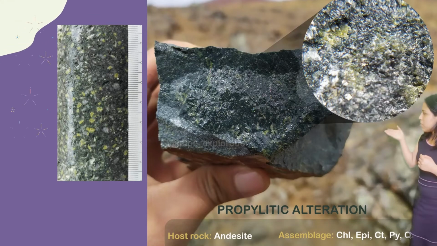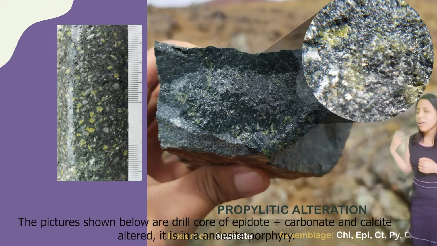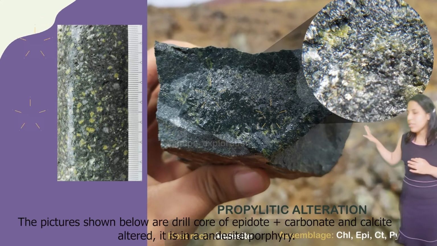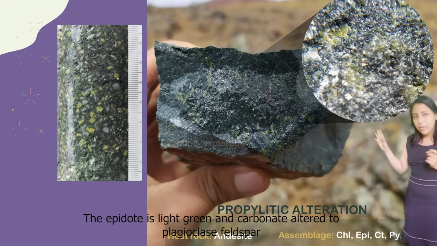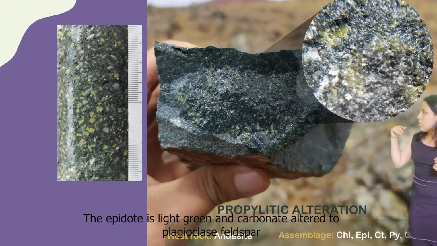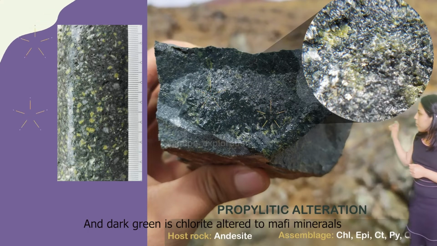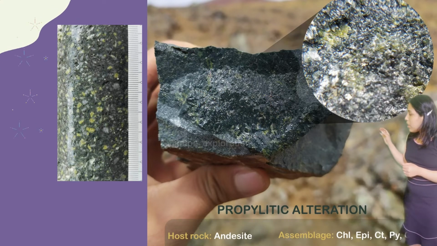The next picture shows below a drill core of epidote, carbonate, and calcite alteration. It is in an andesite porphyry. The epidote is light green and carbonate altered the plagioclase feldspar. The dark green is chlorite, altered from mafic minerals.